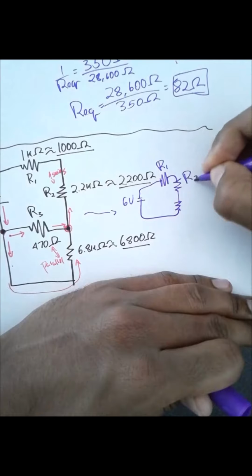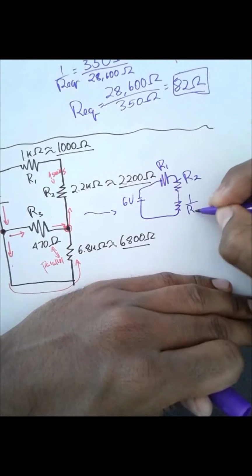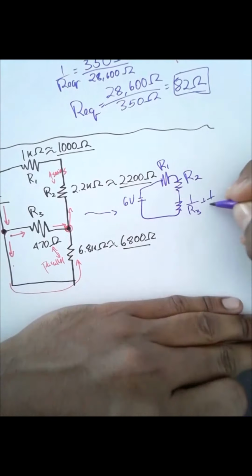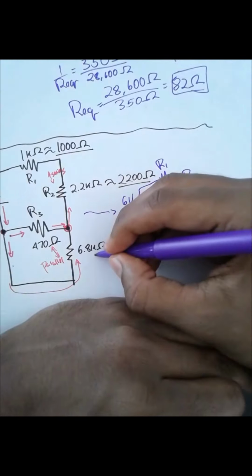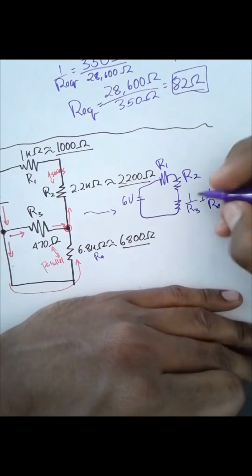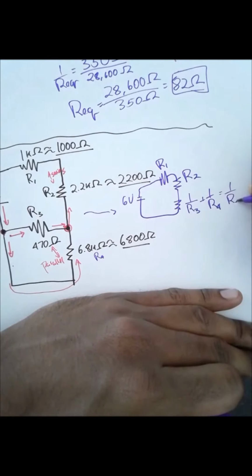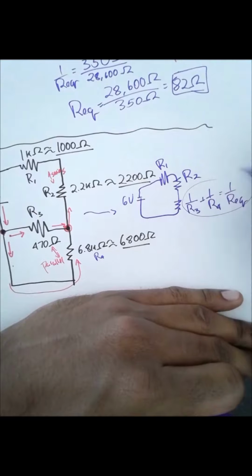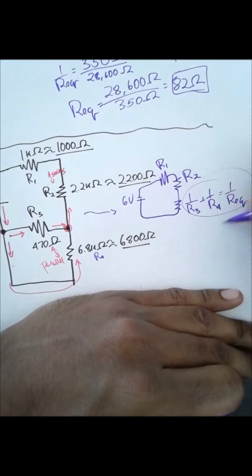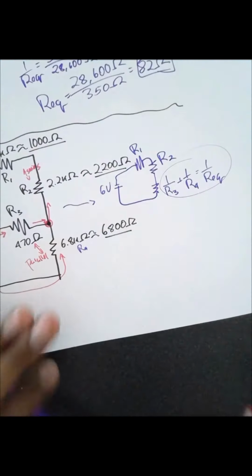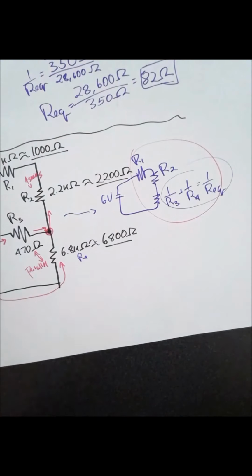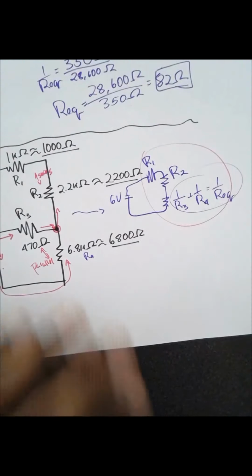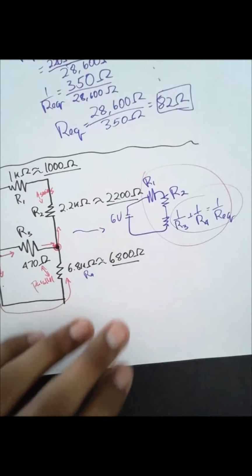R1, R2, we haven't touched those yet, but we want one that's 1 over R3 plus 1 over R4, equal to 1 over Req. So we have to do that first. And then once we've gotten that, we're just adding this whole thing in series. So this one actually isn't too spicy. Let's get it. Let's find out what this equivalent resistance is first.